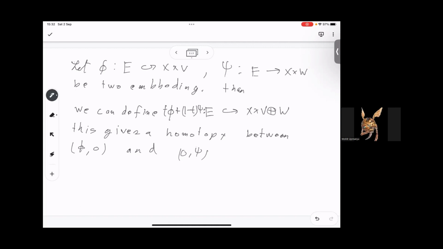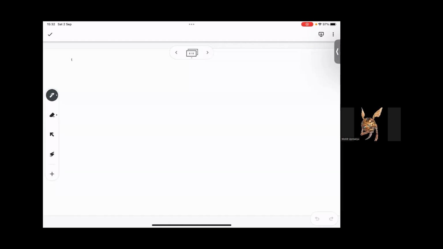So this prompts the following lemma, which we will prove. Actually, I think I would rather write this as a theorem. This is the main theorem: the set of rank k vector bundles on X is isomorphic to the direct limit of X cross Gr(k, n).